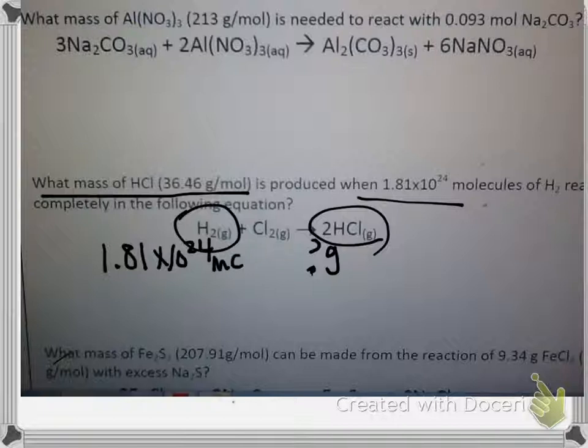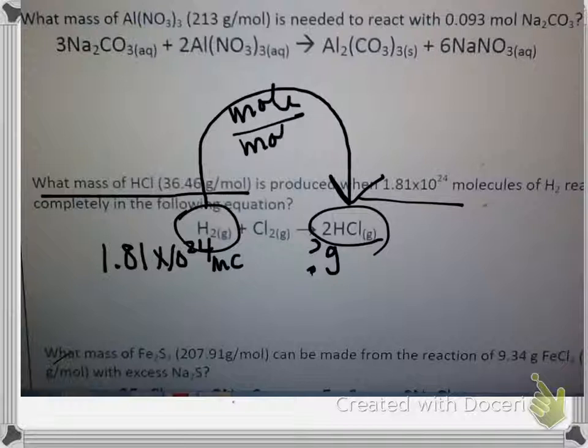Reacts completely in the following equation. So how do I know that this is a stoichiometry problem again? Okay, I've written down what I've given, 1.81 times 10 to the 24th molecules of hydrogen, and I've written down what I need to find. I need to find the mass in grams of HCl. When you're given the quantity of one reagent and you're asked to calculate the quantity of a different reagent, you have a stoichiometry problem. And you must always use the mole-to-mole ratio to solve the problem.